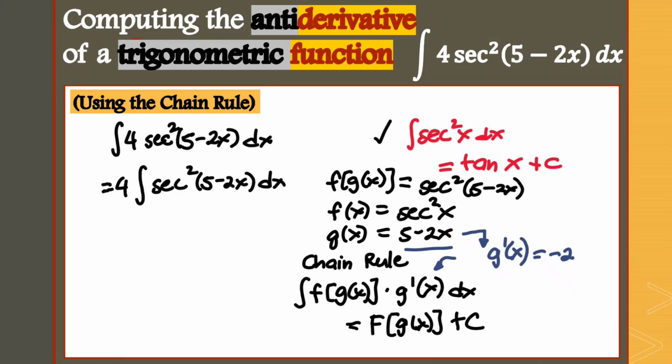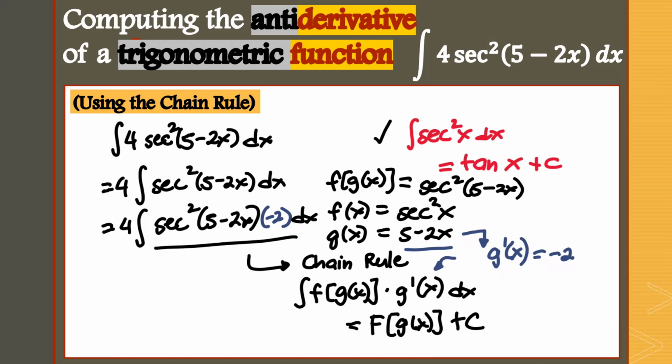So going back here in our given, you have 4 times the integral of secant squared of 5 minus 2x. Then you will have to multiply this by negative 2, then dx, so that this would be the chain rule in itself. But of course, when you multiply it with negative 2, you need to neutralize that negative 2 by dividing by negative 2 outside, so that it is just the same as the original.